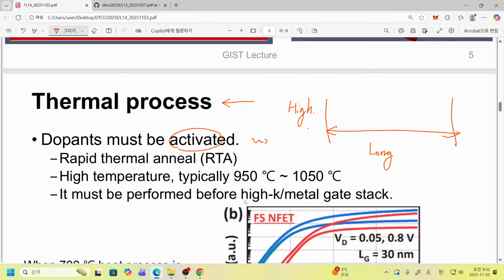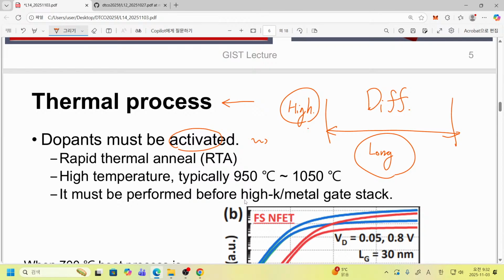But that should be avoided at best, because if we apply high temperature for a long time, then our impurity atoms have too many chances to diffuse over our entire semiconductor region.